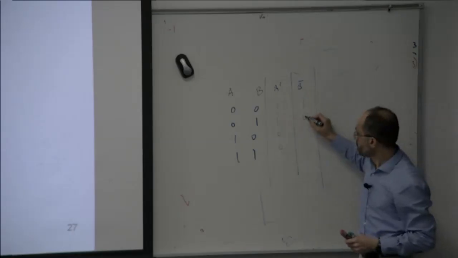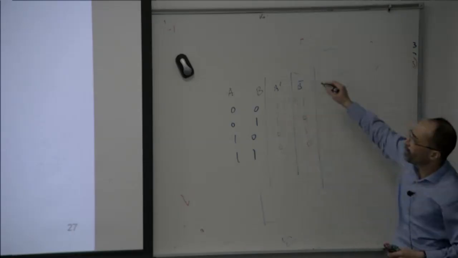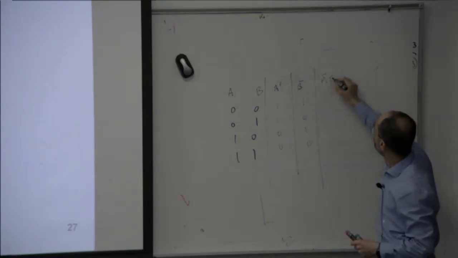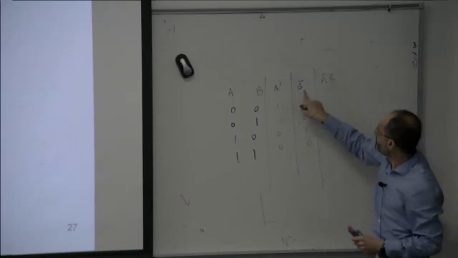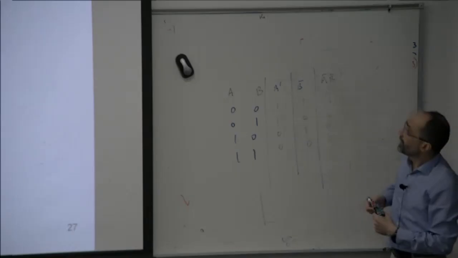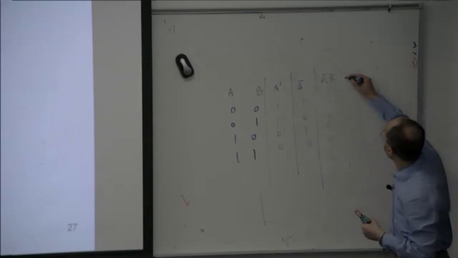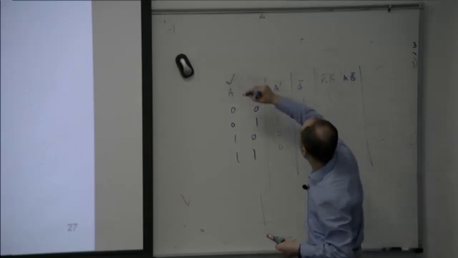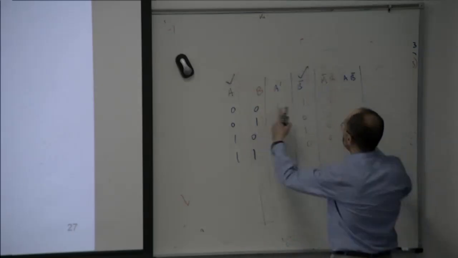And B bar? 0 1 0 1. Very good. So now we have A bar and B bar. Okay, now we want to compute A bar B bar. So this is the AND of both. This is 1, this is 0, this is 0, and this is 0. And then we have what? A B bar. A B bar, which column? A B bar 0 1.